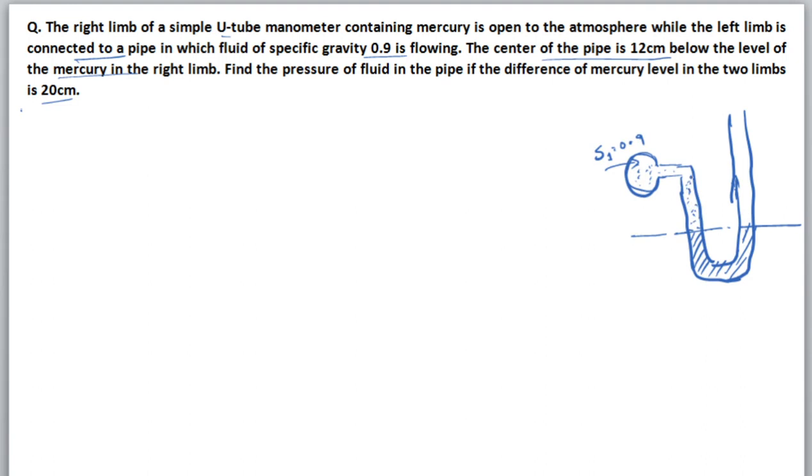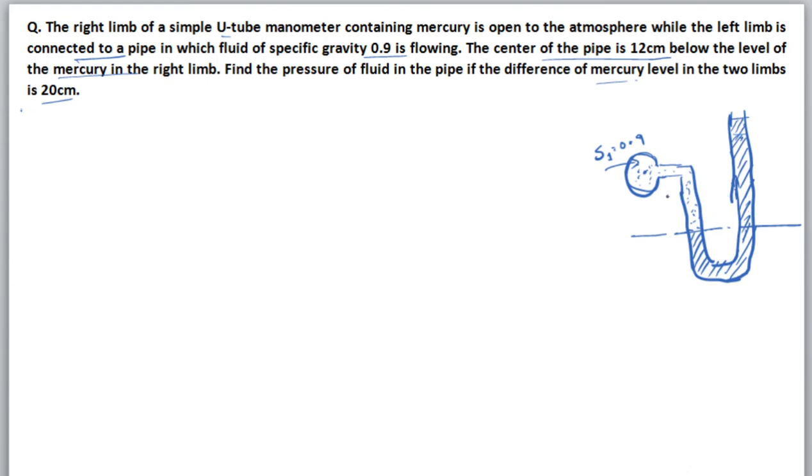Try to take the density of mercury as 13.6 into 10 to the power 3 kg per meter cube. As mercury is given, I am telling that thing. So these are the two types of liquid which are there inside the manometer.